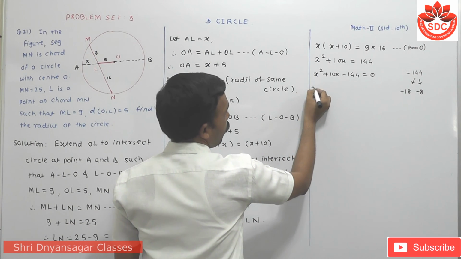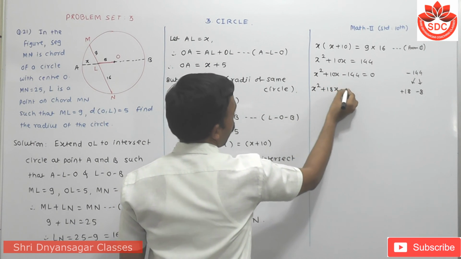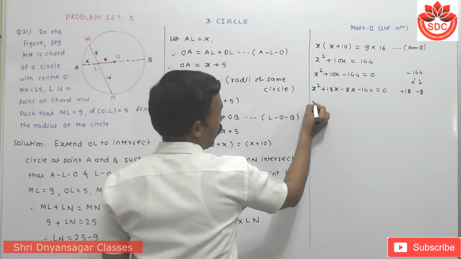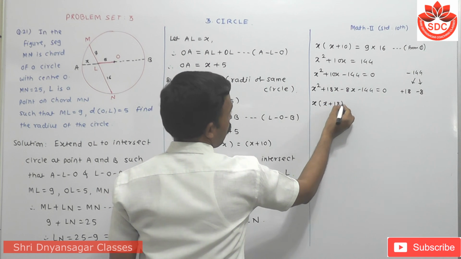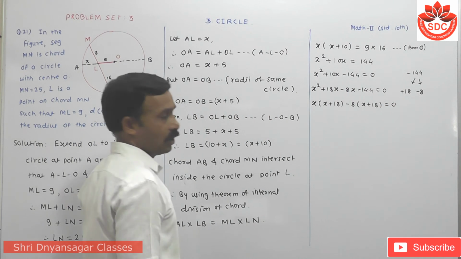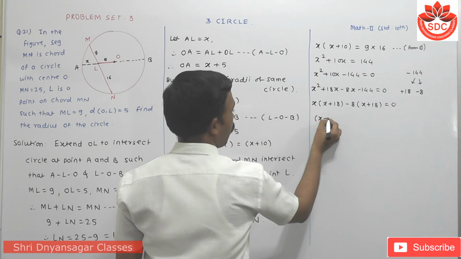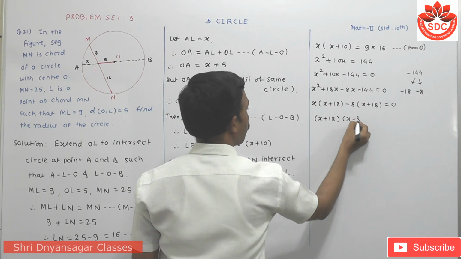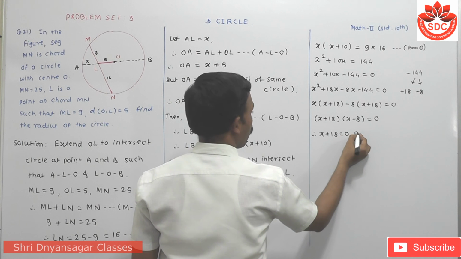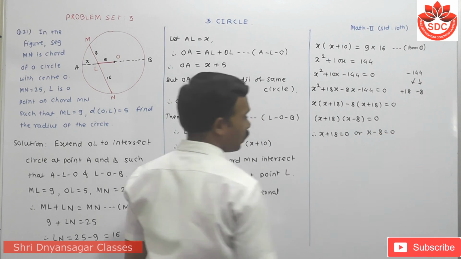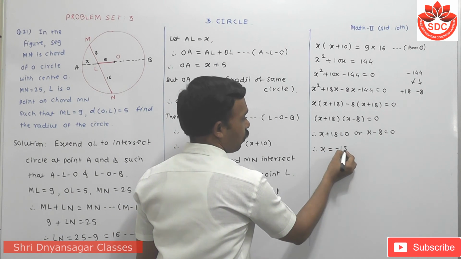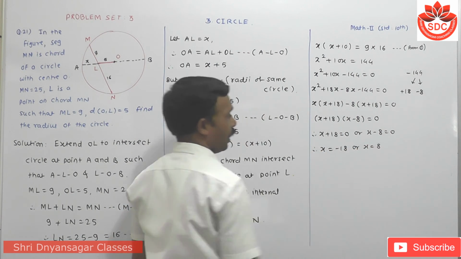Then we split the middle term: x square plus 18x minus 8x minus 144 is equal to 0. Take x common: x into x plus 18, minus 8 into x plus 18, is equal to 0. Then taking the bracket x plus 18 common, the other is x minus 8, is equal to 0. That means x plus 18 is equal to 0 or x minus 8 is equal to 0. Then transposing, x is equal to minus 18 or x is equal to 8.